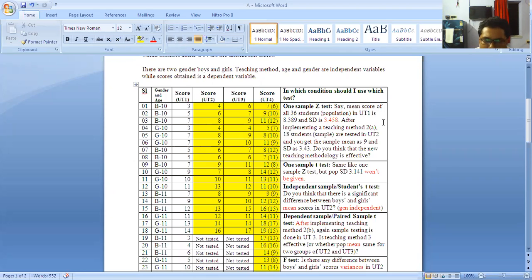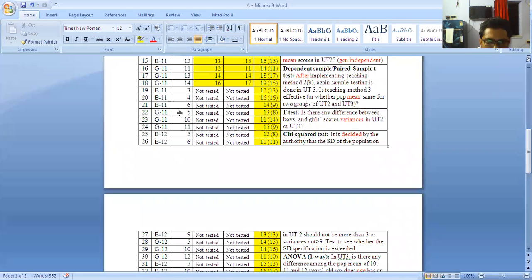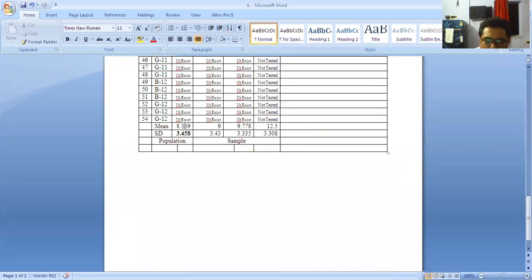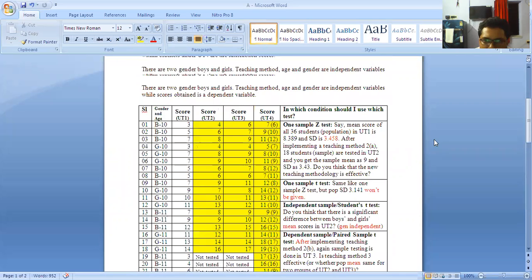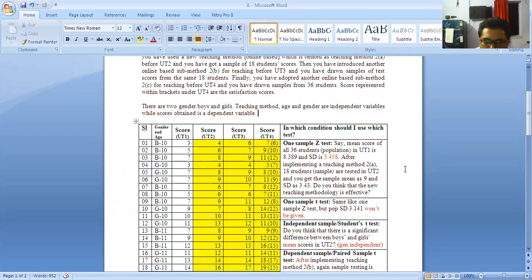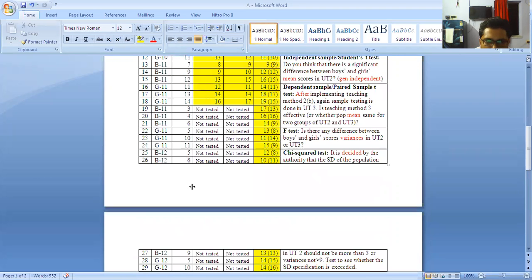Suppose the mean score of all 36 students, or population, in unit test 1 is 8.389, and you also know the standard deviation, that is 3.458.